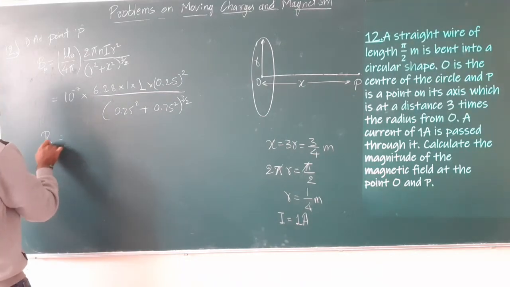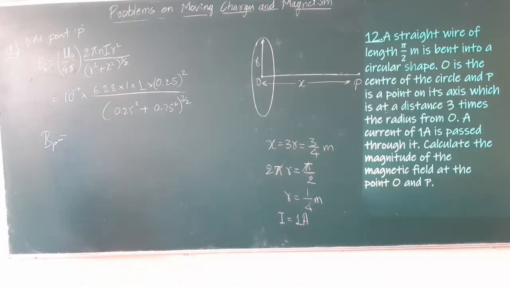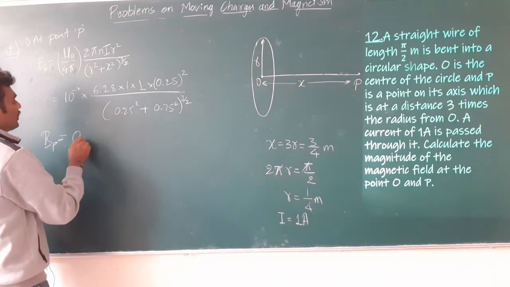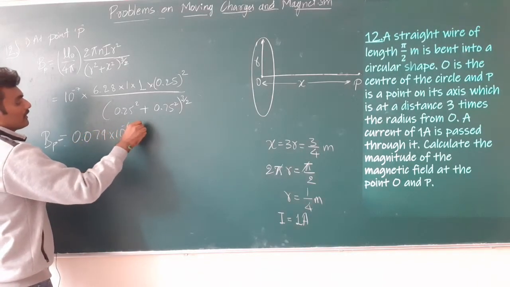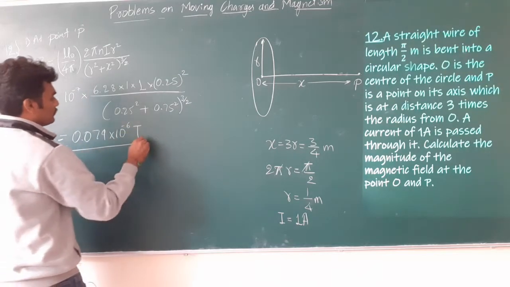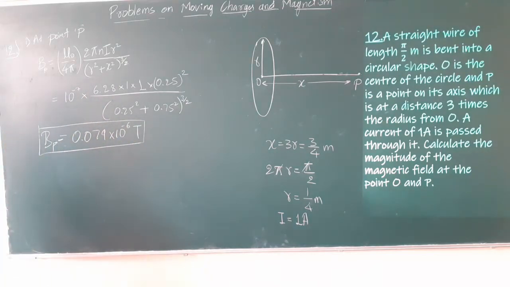Finally, the magnetic field at point P is given by 0.079 into 10 to the power of minus 6 Tesla. Okay? Yeah, because of simple calculator. Okay, that's it. You can get it easily.